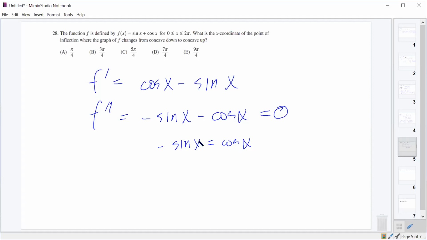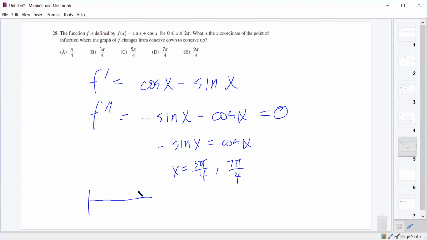In the second quadrant, sine is positive and cosine is negative, so that'll work. So x equals 3 pi over 4. Then in the third quadrant, they are both negative values, so that doesn't work. And then in the fourth quadrant, sine should be negative and cosine should be positive, which will make them work. So that's 7 pi over 4.